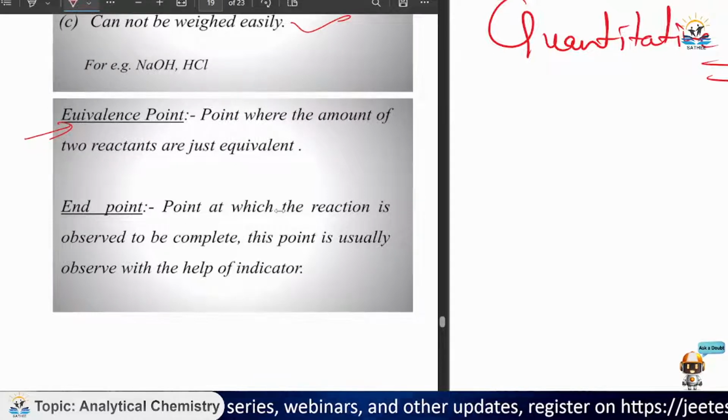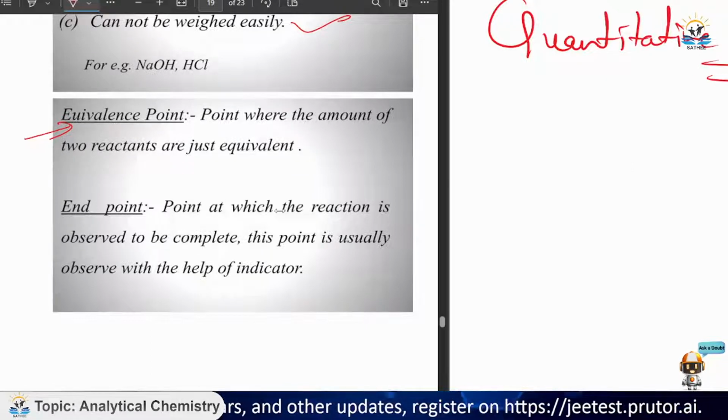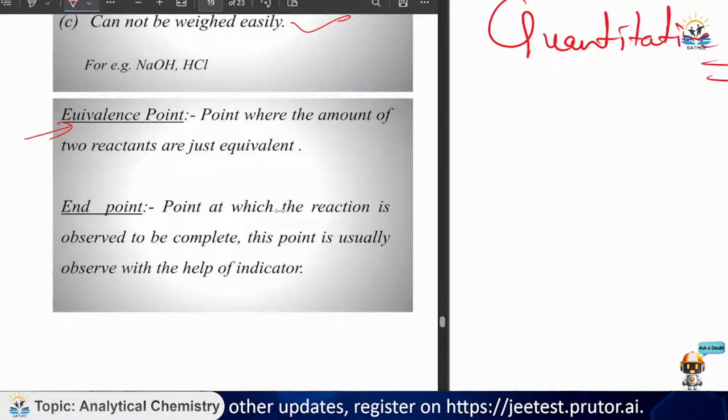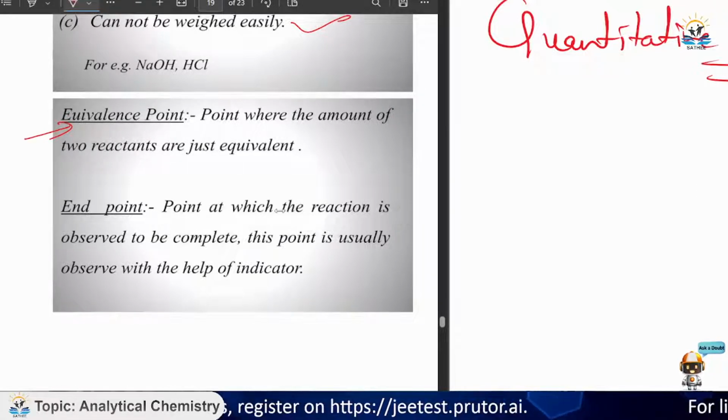You know that when we are performing a certain chemical reaction, that titration reaction, the equivalence point is the point where the amounts of the two reactants are just equivalent.